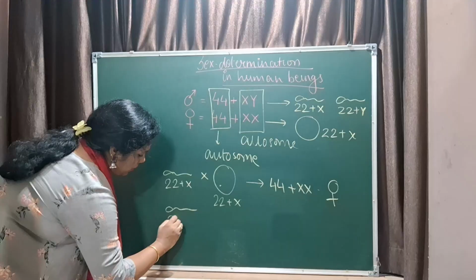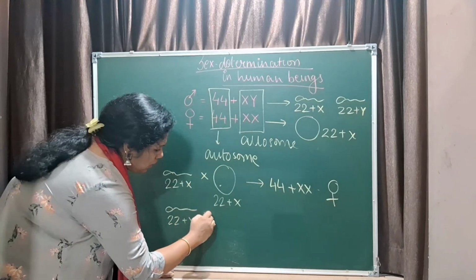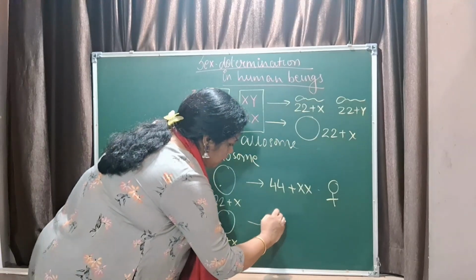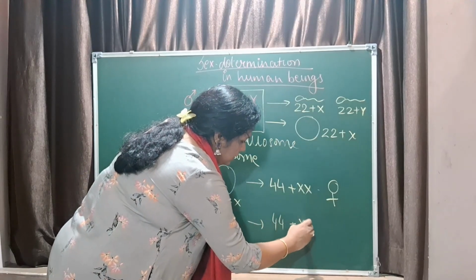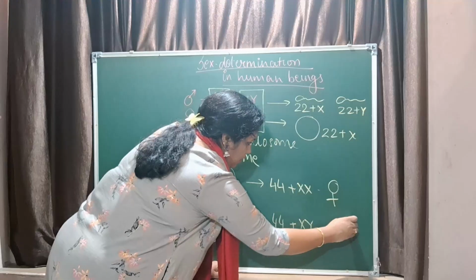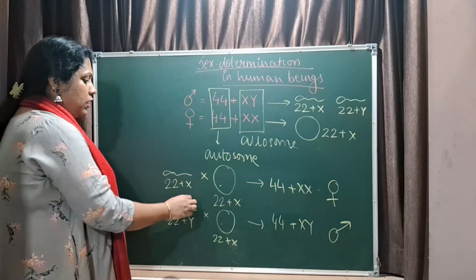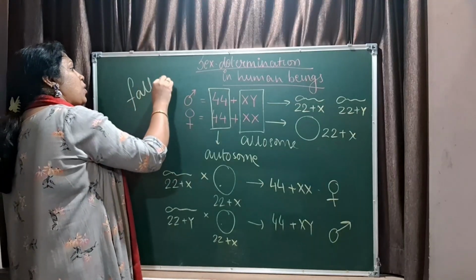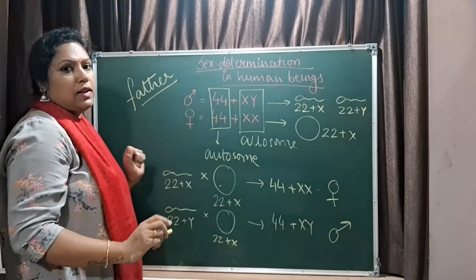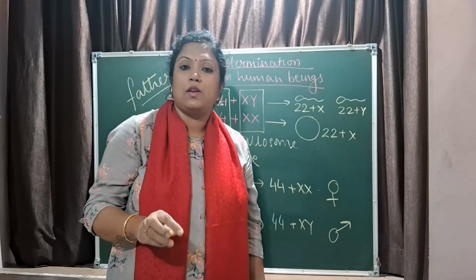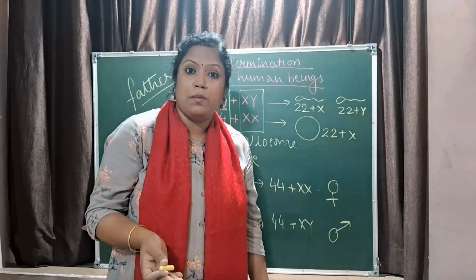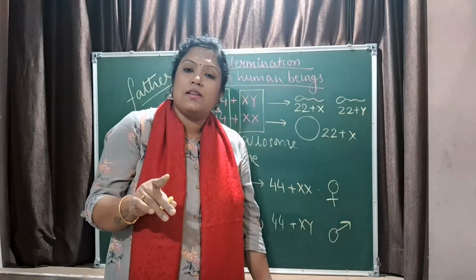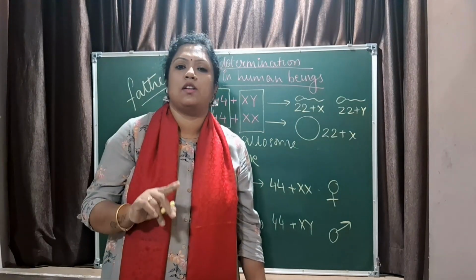Similarly, if 22 plus Y fuses with 22 plus X, you get 44 plus XY, so the male child is formed. So who determines the gender of the child? It is the father who is responsible for the gender of the child. The father cannot choose what gender the child will be; that is all on chances. But it is the father who determines the gender of the child.